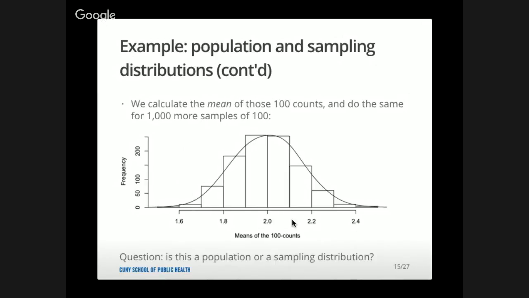So is this a population distribution or a sampling distribution? Is it clear what I'm doing here? Yeah, I calculated the mean of those counts, and then I just repeated the experiment, the sample, 1,000 times. So yes, this is a sampling distribution. And what do you notice about it?